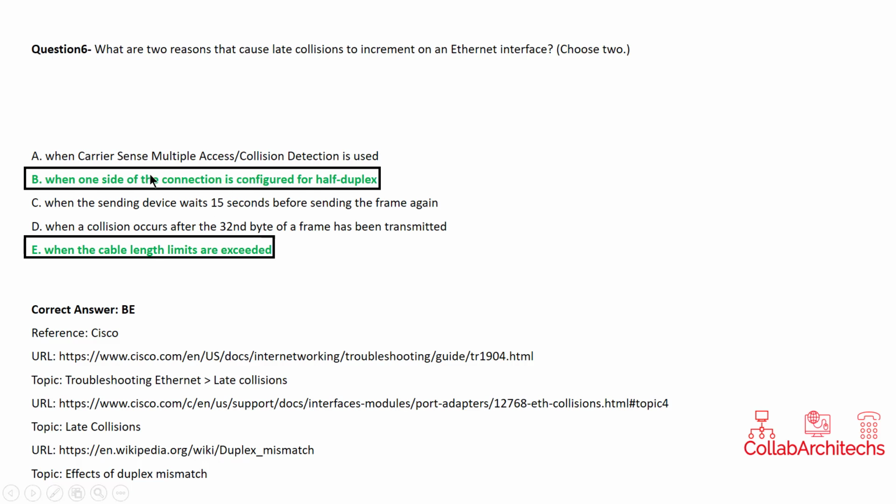So this is one of the reasons that can cause late collision. Another reason is when the cable length limits are exceeded. So this is another reason which can cause late collision. So option B and option E are the correct answers for this question.